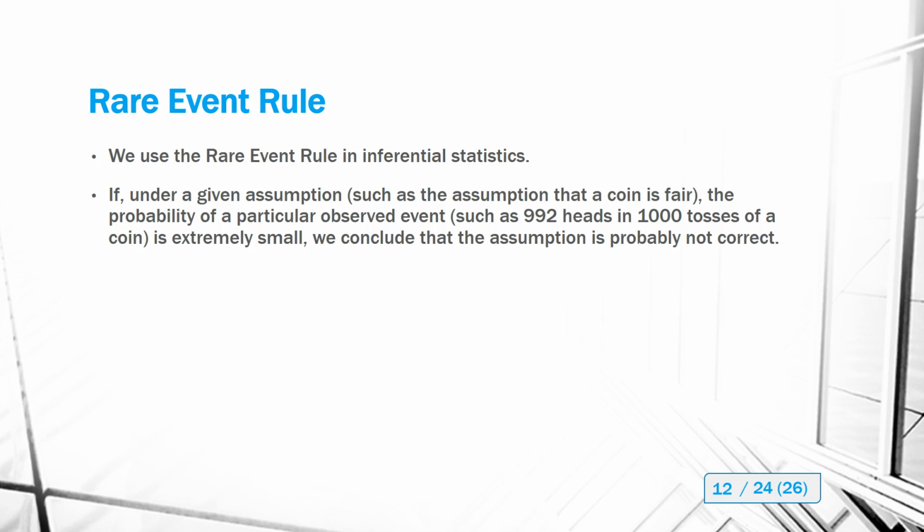So if we get 992 heads out of 1,000 tosses, the actual probability of that occurring is really small. And so when we get that, because that probability is so small, and that's what we actually got, then we're going to assume there's something not right. We have to look back at our assumption and say there's something not right with our assumption.